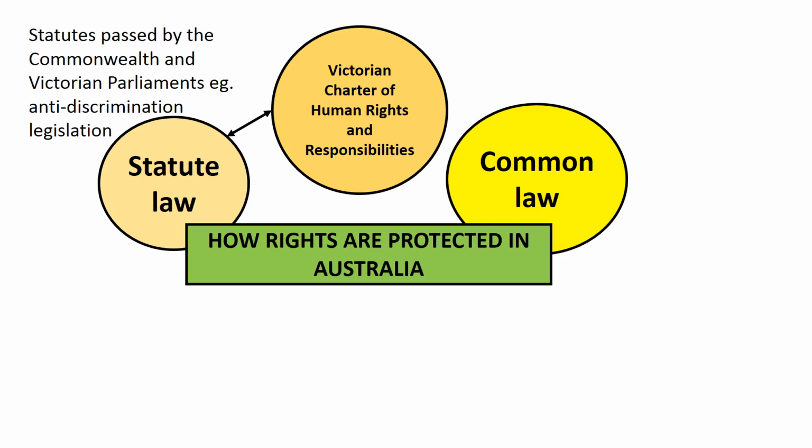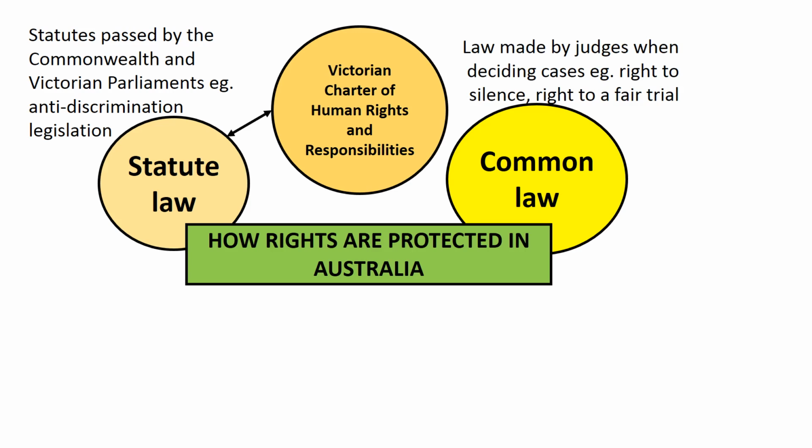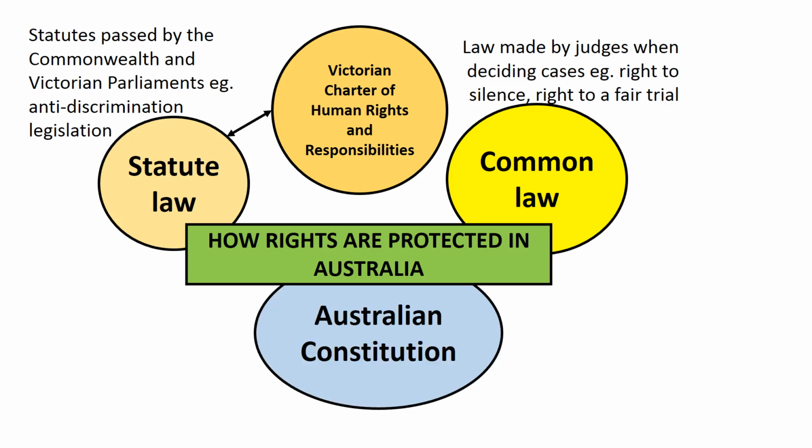The second way in which rights are protected in Australia is under the common law. The common law is law made by judges when they are deciding cases. So far, we have looked at the right to silence and the right to a fair trial. These are rights that judges have developed through making decisions in cases that they have heard.